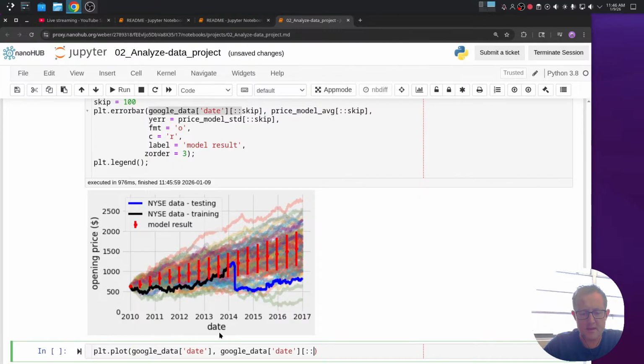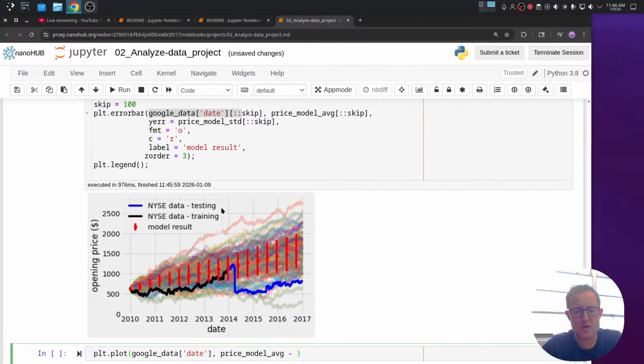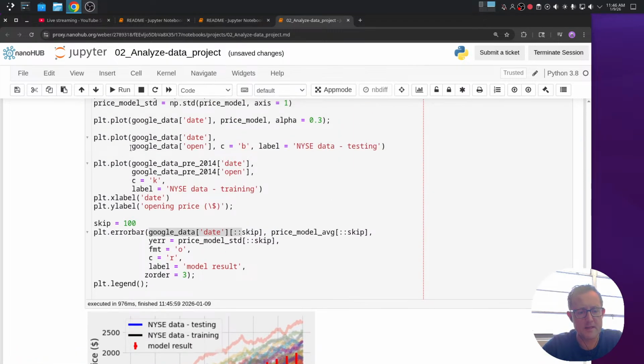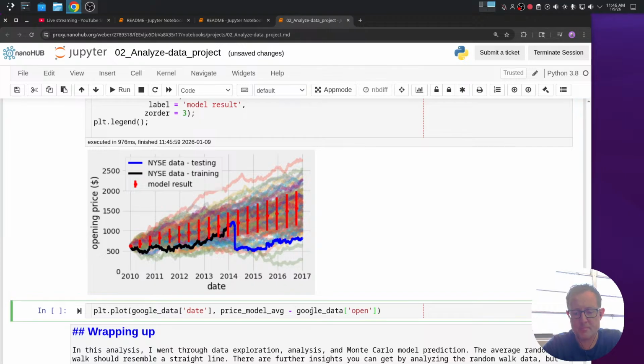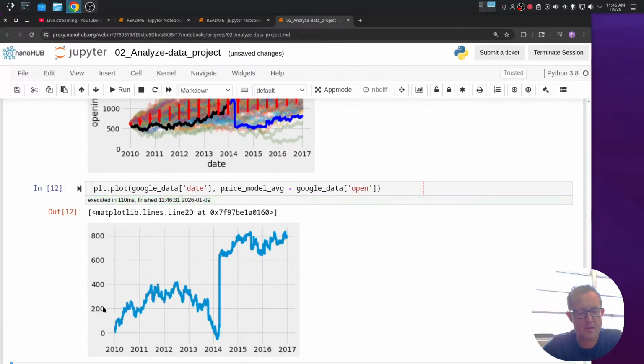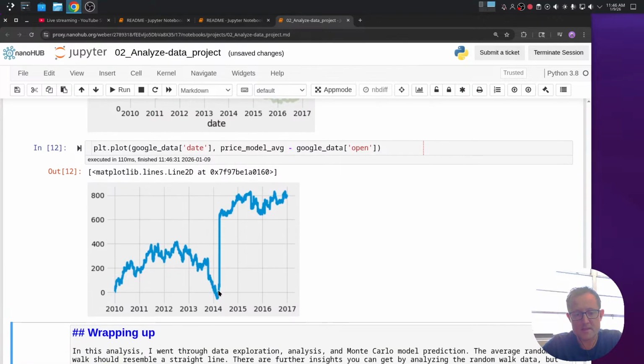So I'll take my price model average and subtract it from my Google data, the opening price, because that's what I'm trying to predict. So in 2014, that was kind of the lowest error.